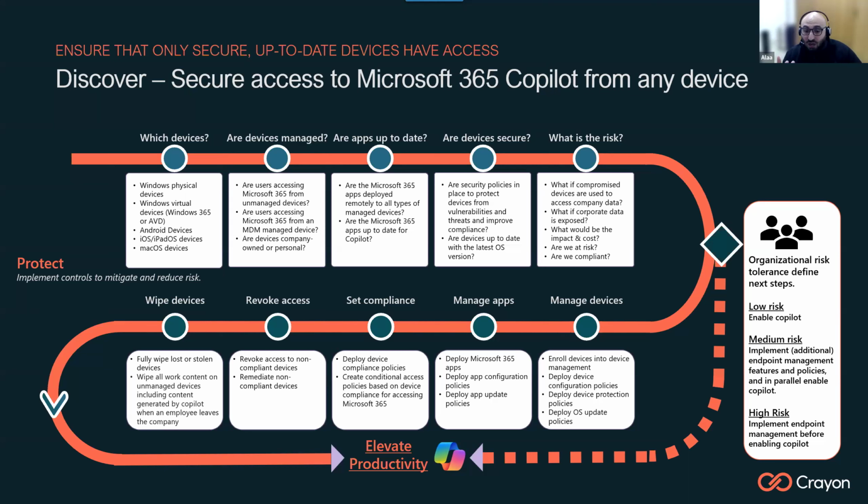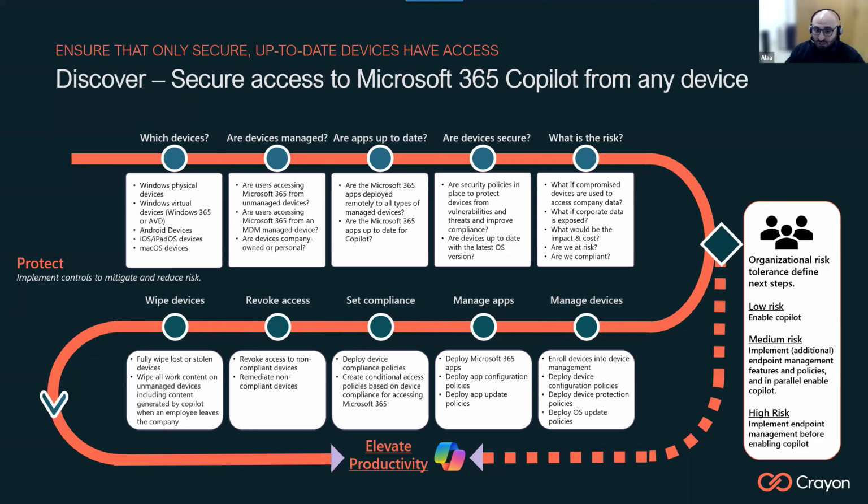Ultimately, are we at an acceptable risk level? Are we compliant with relevant regulations and internally secured? We have internal security standards. These are the questions you should ask yourself or the customer in the discovery phase when we are talking about securing access from the devices.